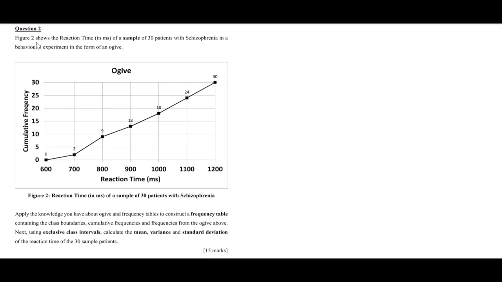It says this figure shows the reaction time in milliseconds of a sample of 30 patients with schizophrenia in a behavioral experiment in the form of an ogive. So this is an ogive, and as we have learned in class, the x-axis of an ogive is always the class boundaries, and the y-axis would be the cumulative frequency.